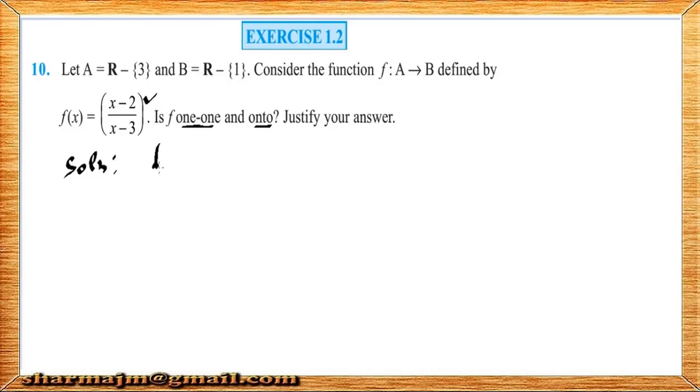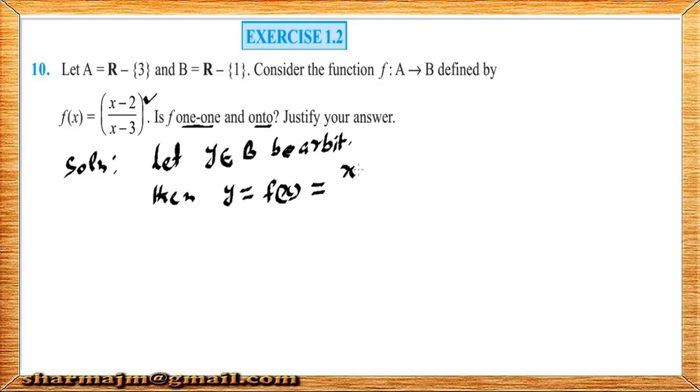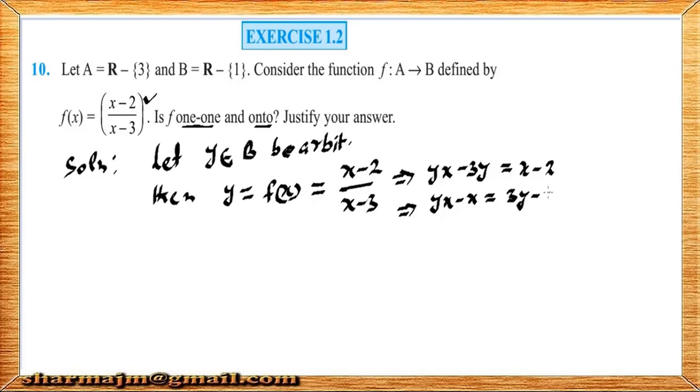Let y belong to B be arbitrarily chosen, then y is equal to f(x) is equal to (x minus 2) upon (x minus 3), which implies yx minus 3y is equal to x minus 2, which implies yx minus x is equal to 3y minus 2.